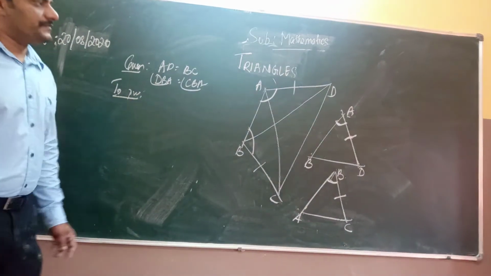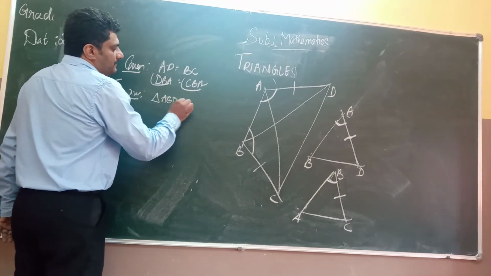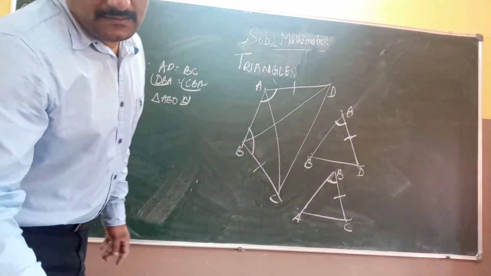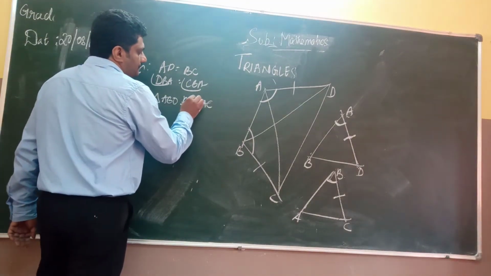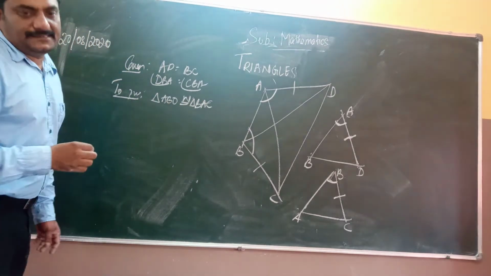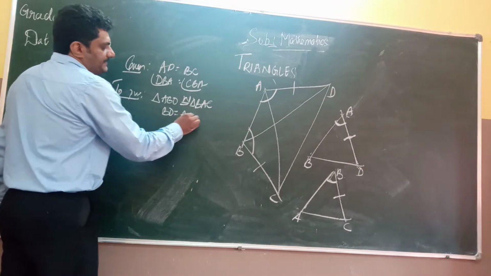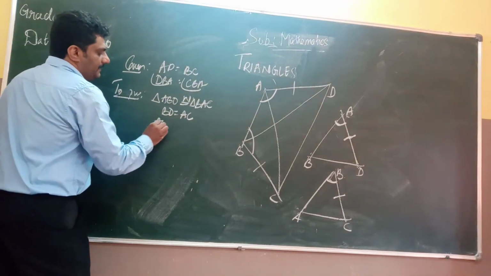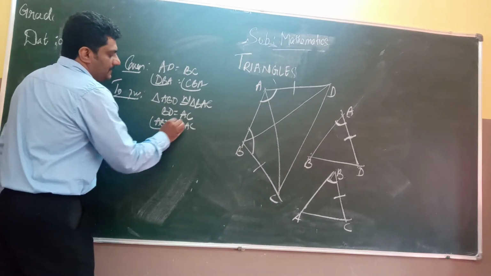We have to prove that triangle ABD is congruent to triangle BAC, and then BD is equal to AC, and then angle ABD is equal to angle BAC.